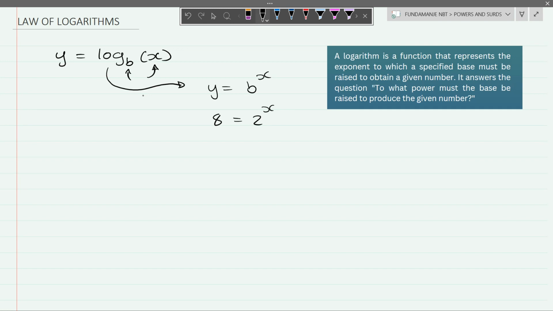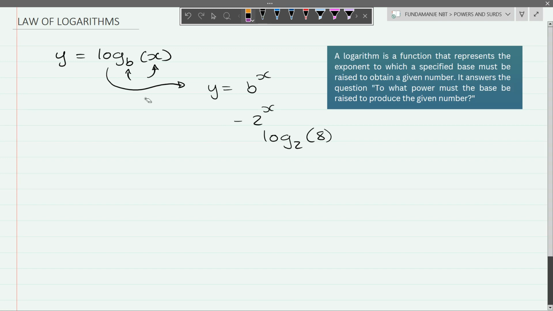So that's where logarithms come in, and basically by inputting this, to what number should I raise 2, which is our base, in order to get 8, and then the answer you get will be 3.